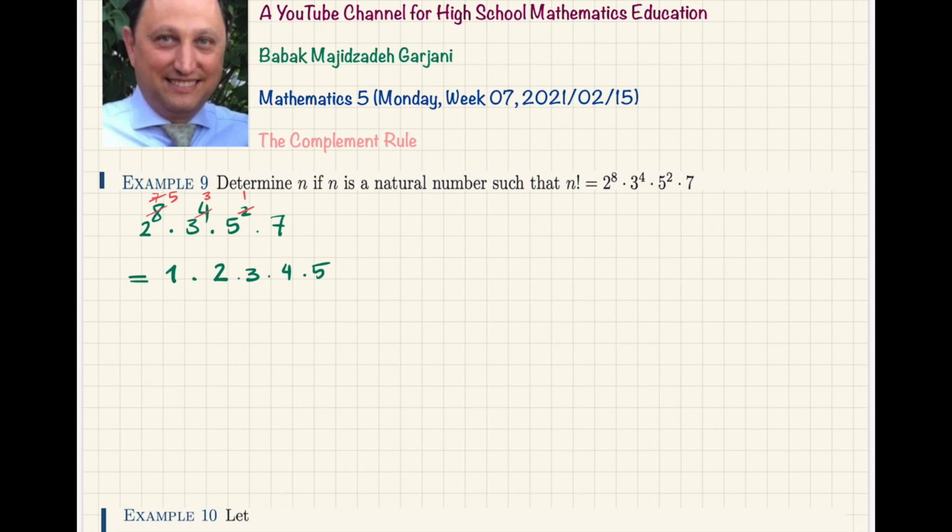And when I go to 6, I am consuming the 2 and 3 simultaneously. So it means that now there are 2 3's and there are only 4 2's left for me. And then I go to 7. Okay, 7 is the last factor, so there is no 7 left. And when I go to 8, 8 is 2 to power 3. Yes, so again 3 of them are used, so only 1 2 is left so far.